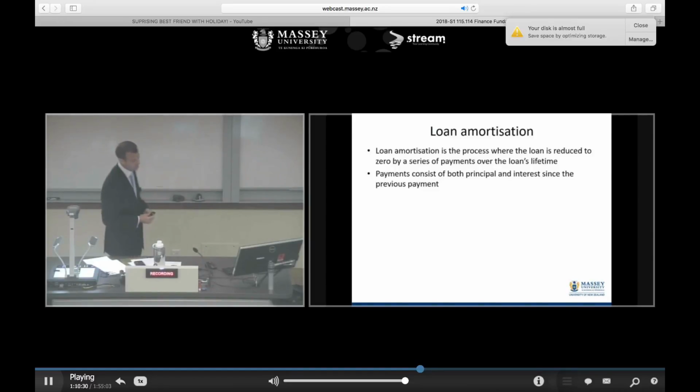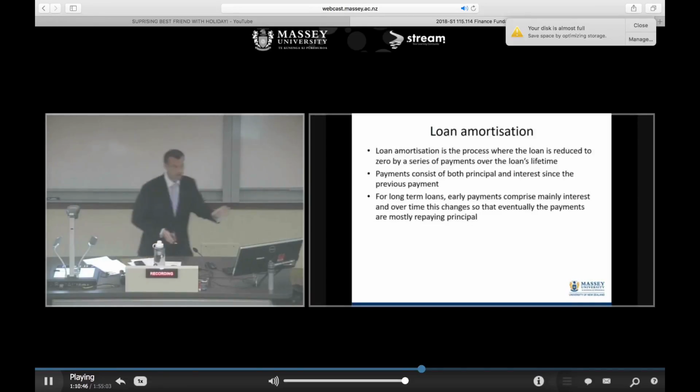Payments consist of both principal and interest. So that payment of $3,221 is the same every month for 300 payments. But early on in that loan, most of that $3,221 will be interest that the bank takes off and runs away with, and very little of it actually goes off on paying off your loan.